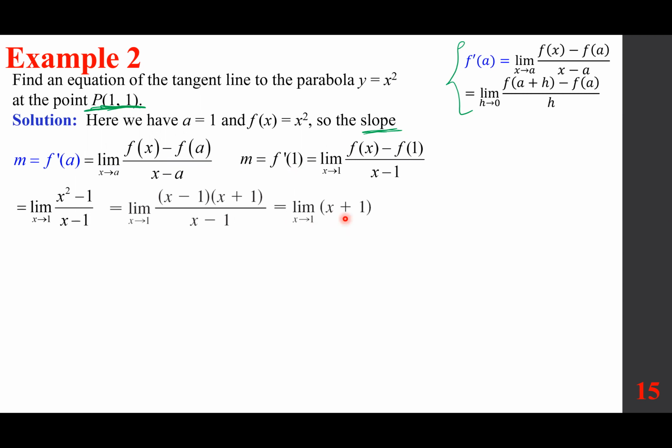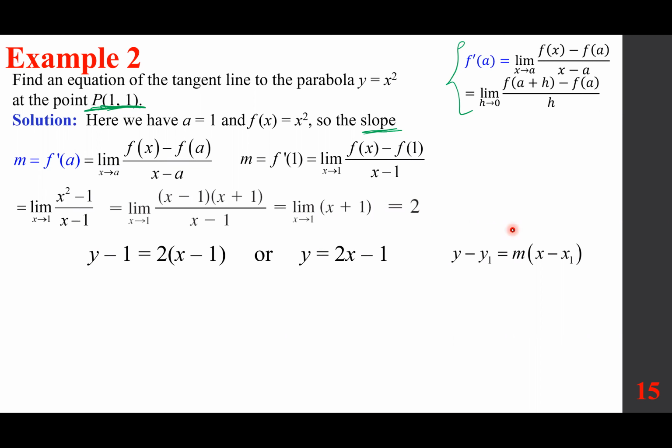Plug in 1, gives us 2. And practically we're done with the calculus. We do algebra, which is y minus y1 equals m times x minus x1. We have the slope. We have the pair. Plug in.